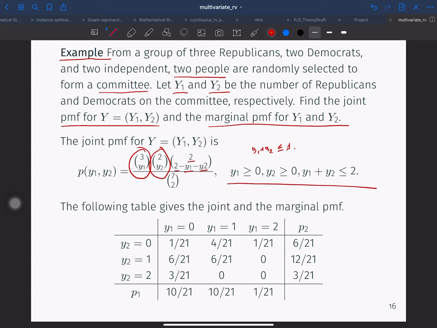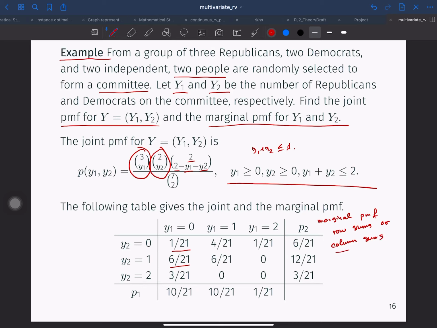So the joint PMF, you can write it out, will look like a table like here. And so the marginal PMF, whenever you have a table like this in the bivariate case, are nothing more than the row sums or the column sums.